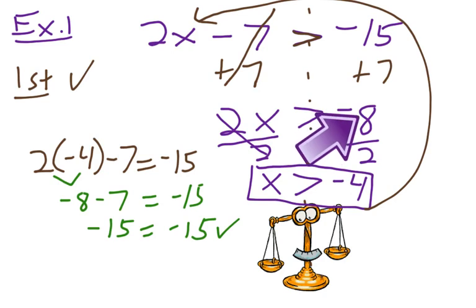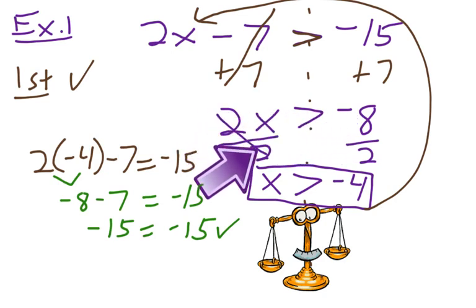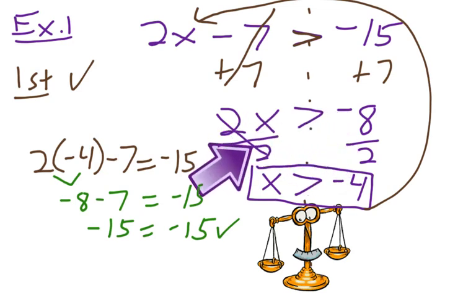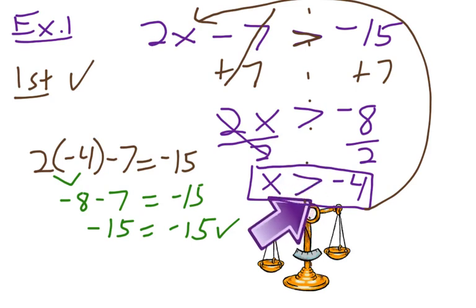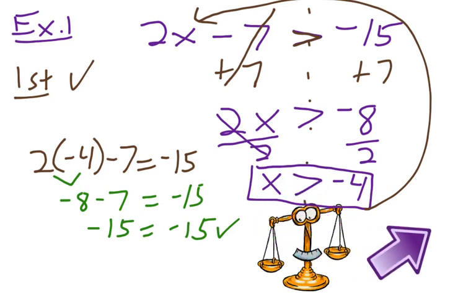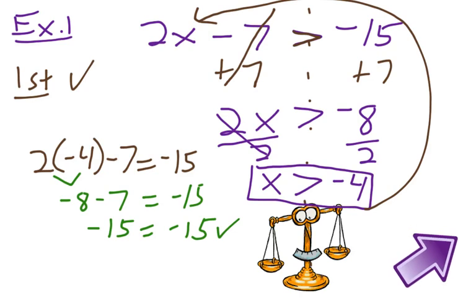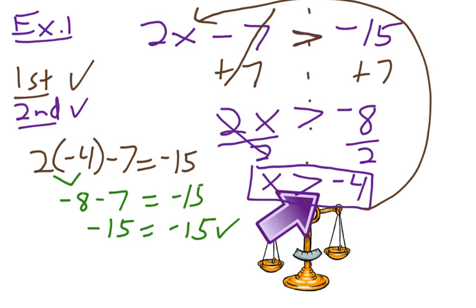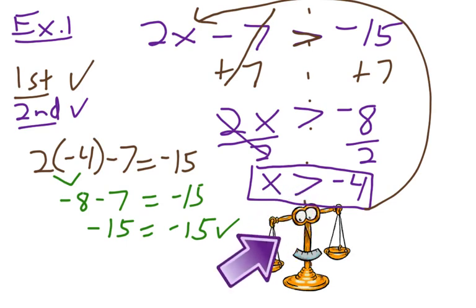That negative there on the 8, notice that what we did to both sides was divide by a positive 2, not a negative 2. So just because that has a negative there doesn't mean that we reverse the sign. It's what operation are you doing to both sides? And that's dividing by a positive. So that's why I kept that inequality symbol the same. That means we're all done with step 2. Step 2 was reverse that if we need to. Well, we didn't need to.